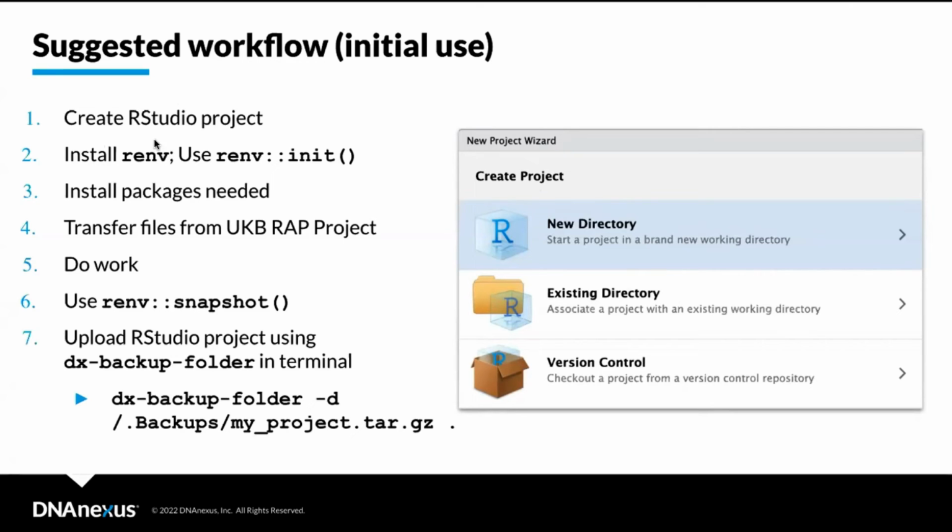Then you'll need to install the renv library and start working with renv using the init command. Then you'll be able to install the packages as needed, get your files from UKB RAP, and do your work. If you have to interrupt your work, you need to use the snapshot command, and then you can save a version of your project using dx backup folder.